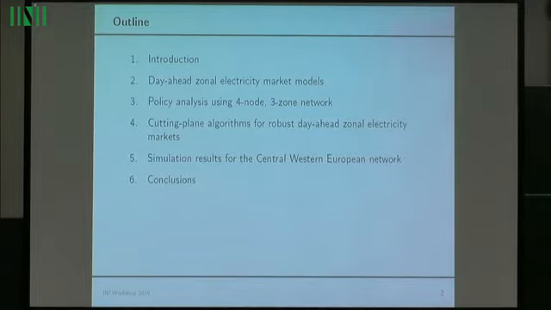Then, because we are also interested in conducting a detailed policy case study for the Central Western European system, where this policy discussion is becoming relevant these days, we need to develop a computational arsenal for dealing with the real problem. And finally, I'm going to discuss conclusions in the end.